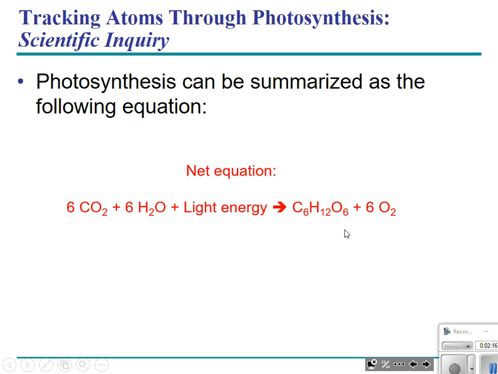So C6H12O6 is the sugar glucose, and the final product is 6 molecules of oxygen. So once again, 6 molecules of carbon dioxide react with 6 molecules of water and light energy to yield glucose, C6H12O6, plus 6 molecules of oxygen.